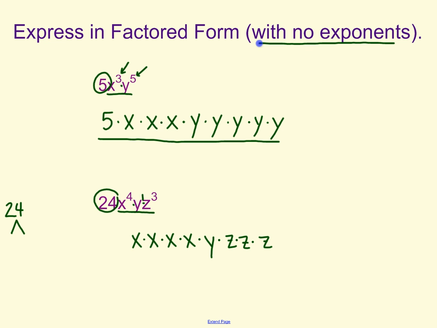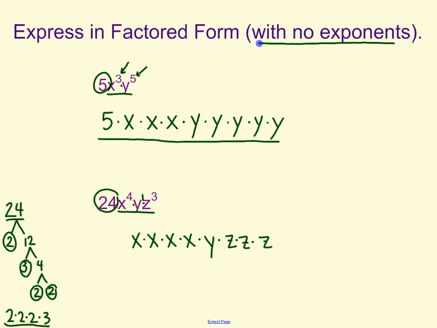Break it down with your factor tree. 24 is equal to 2 times 12. 2 is prime. 12 is equal to 3 times 4. 3 is prime, and 4 is equal to 2 times 2. Alright, so this prime factorization, starting with the smaller prime numbers, is 2 times 2 times 2 times 3. So we took 24 and broke it down into its prime factors.